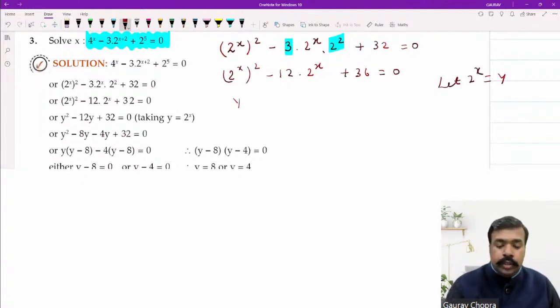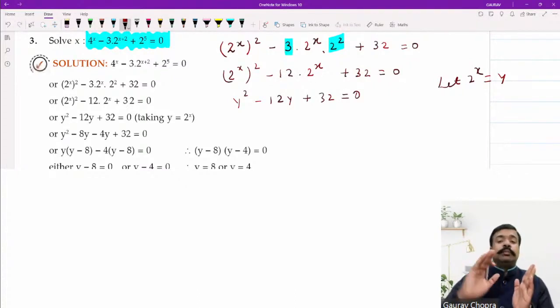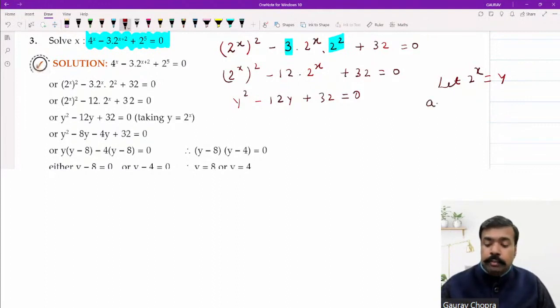So we can put here y square minus 12y plus 32 is equal to 0. All right. Now we can make it as a whole square, like a minus b whole square. So we know that a minus b whole square is equal to a square minus 2ab plus b square.